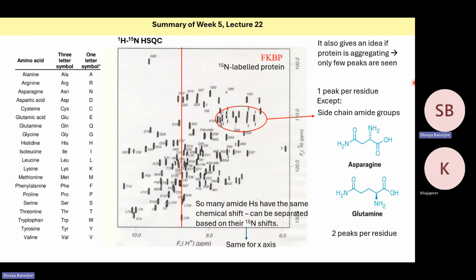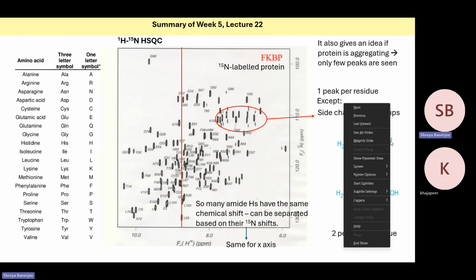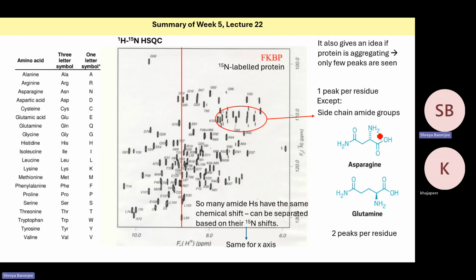So like this, there will be one peak per residue except those amino acids which have an amide group in their side chain. I told you that we will talk about these later. So right now we'll talk about this. Basically, this is asparagine and this is your C alpha.